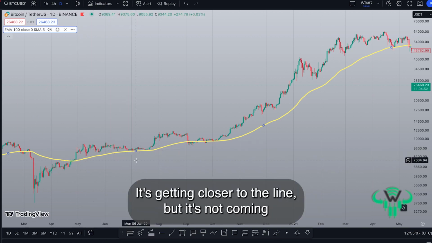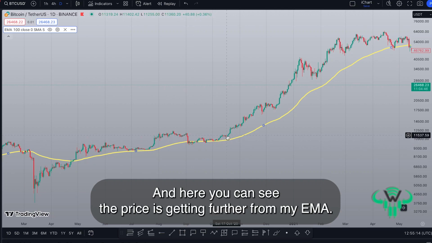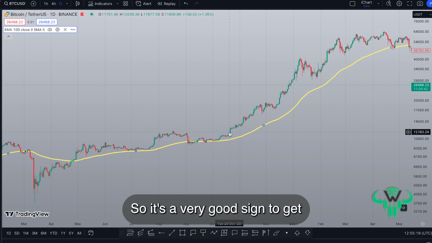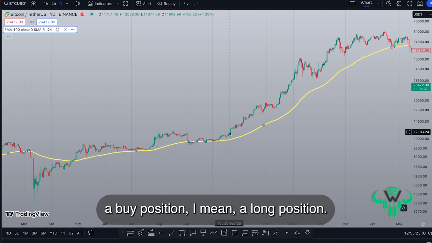It's getting closer to the line, but it's not coming below it, and it's going up again. And here you can see the price is getting further from my EMA. So it's a very good sign to get a buy position. I mean a long position.